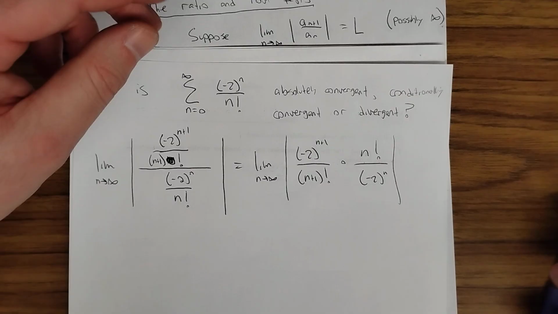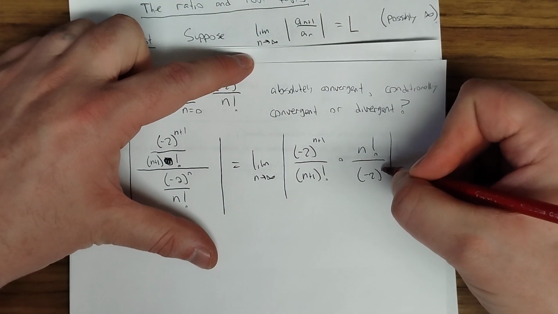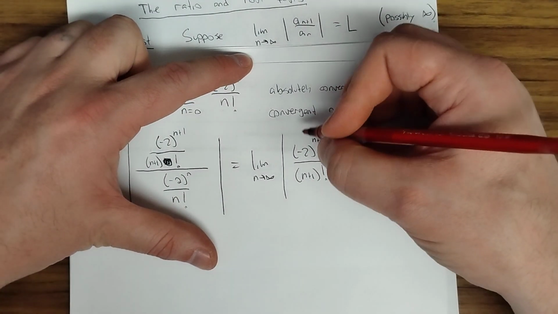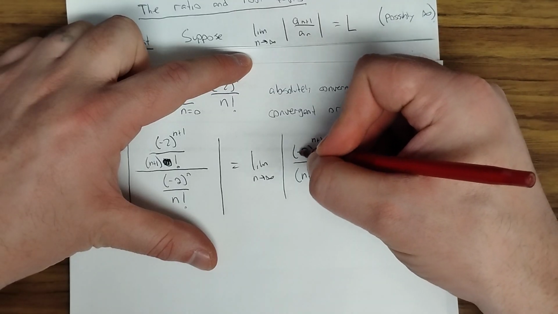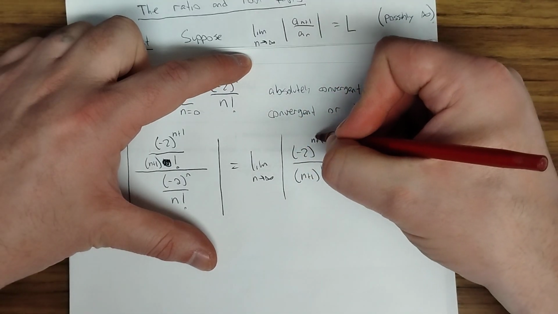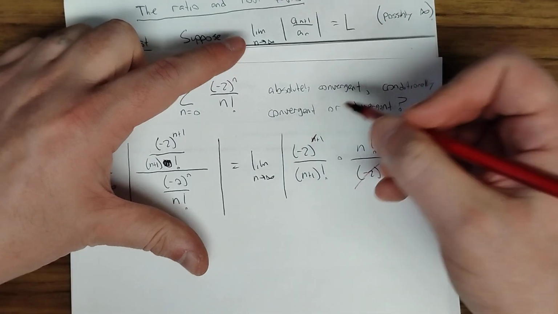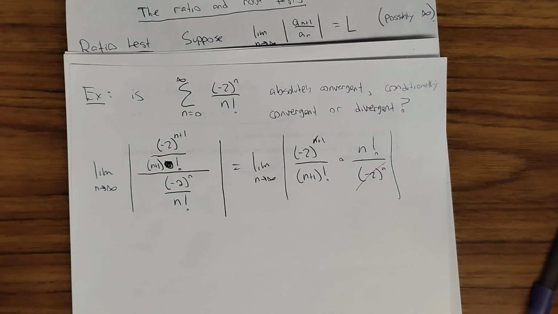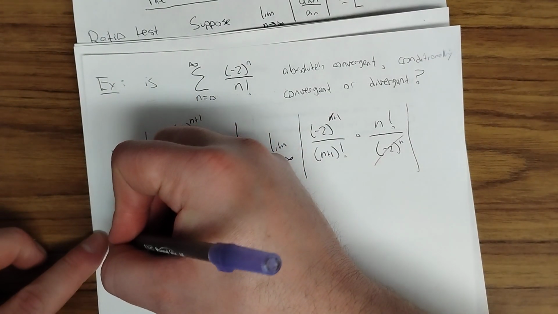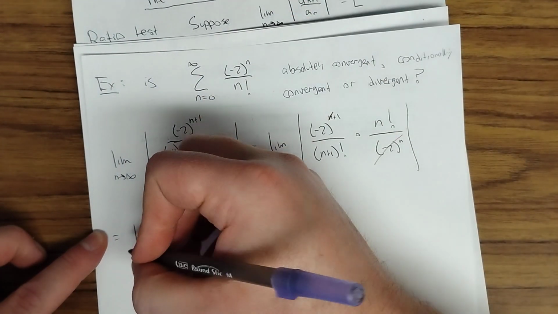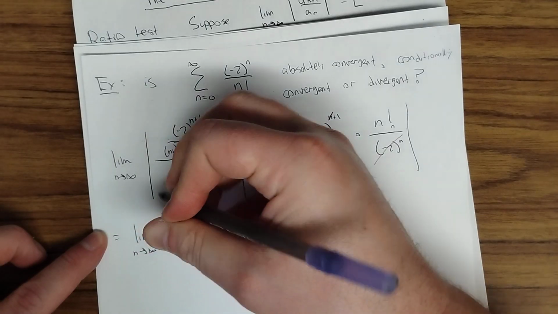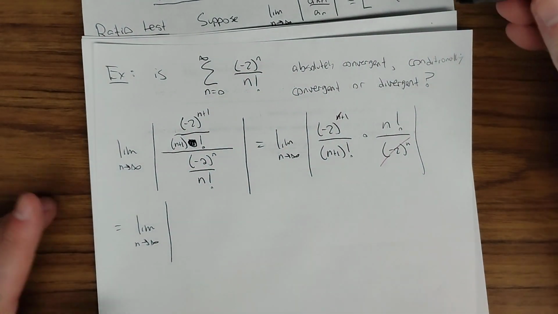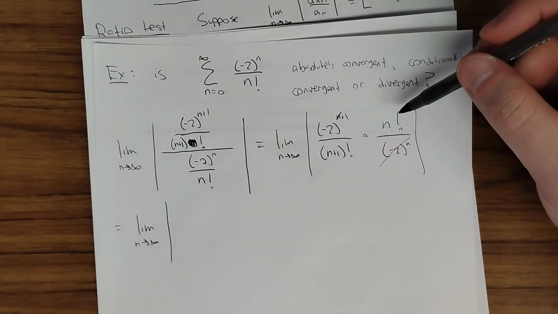Okay, now there's some easy cancellation to see. I've got a negative 2 to the n, and basically I can cancel like negative 2 to the n. Here, I'll just cross this off because there's a negative 2 to the 1 left over. Now, let me explain to you what else is about to happen.